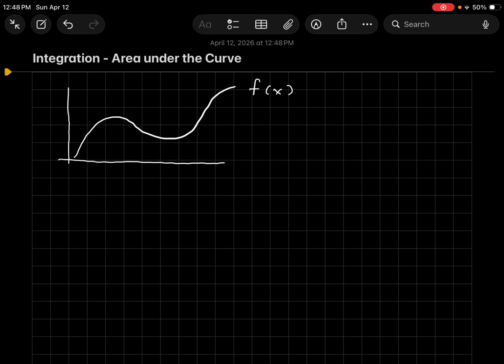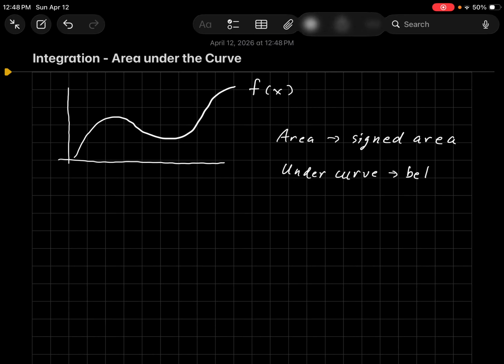Recall that when we said area, it's not a physical area, but a signed area, meaning an integral area can be negative or positive, whereas a physical area is always positive. And when we say under the curve, what we really mean is between the curve and the x-axis.